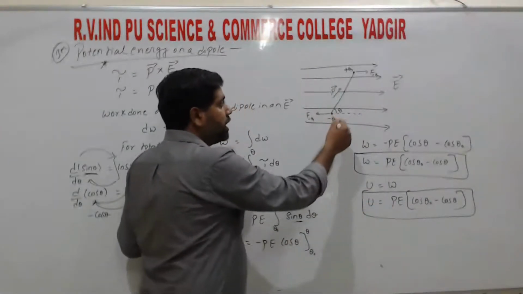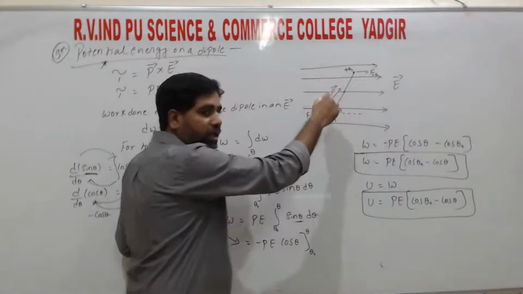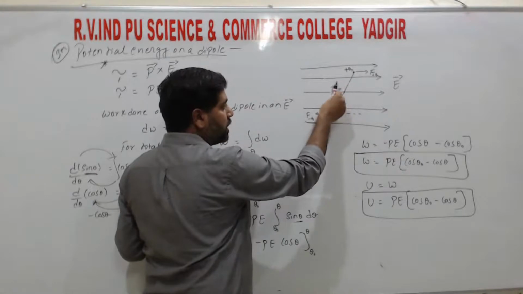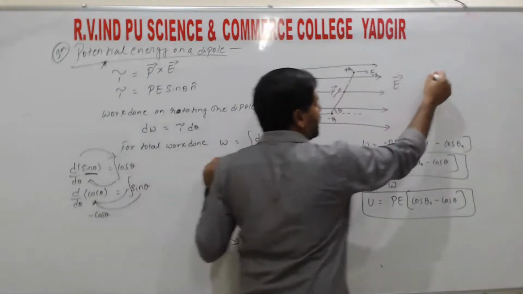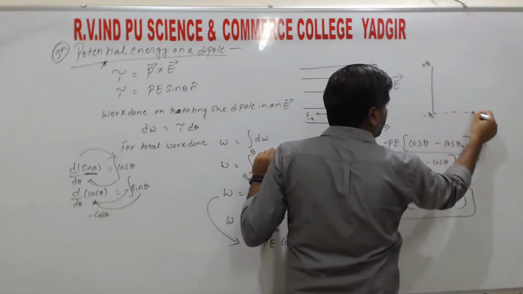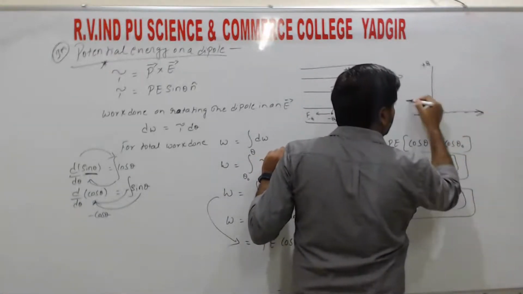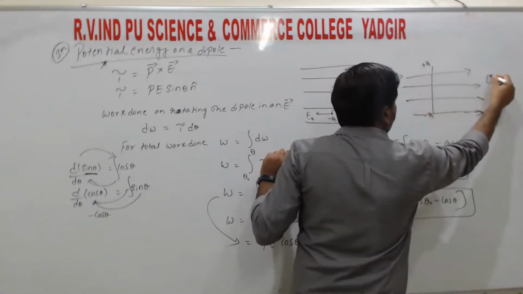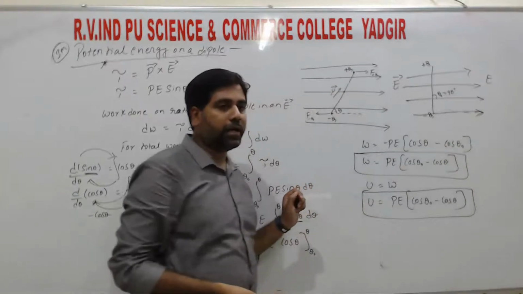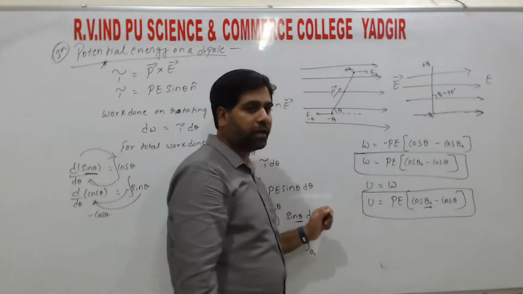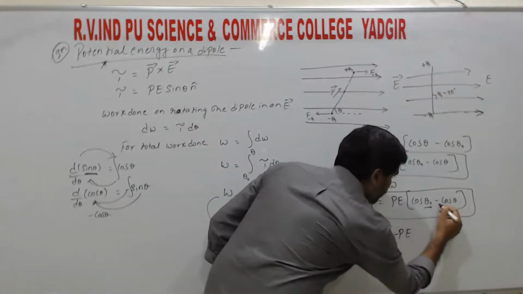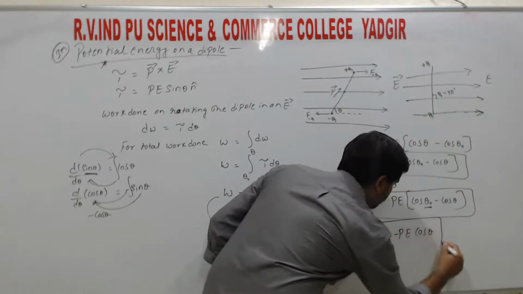For the dipole, initially we took the angle theta naught as perpendicular, right? So the dipole is like this, with theta equal to 90 degrees, from minus q to plus q, and this is the electric field E. So theta naught is 90 degrees. Substituting, cos 90 is 0, then U is equal to PE times minus cos theta.